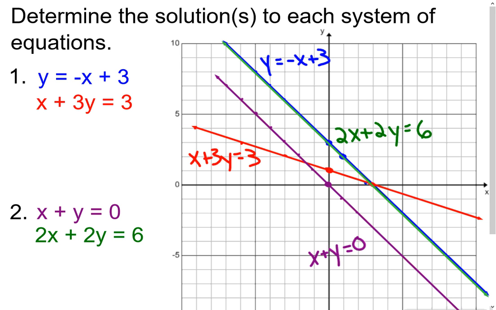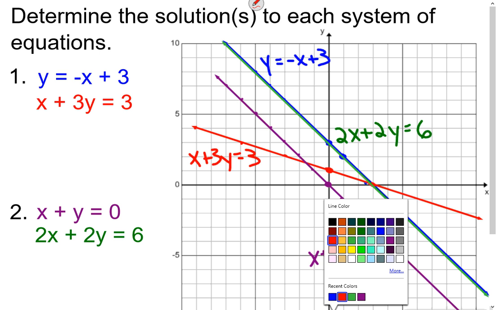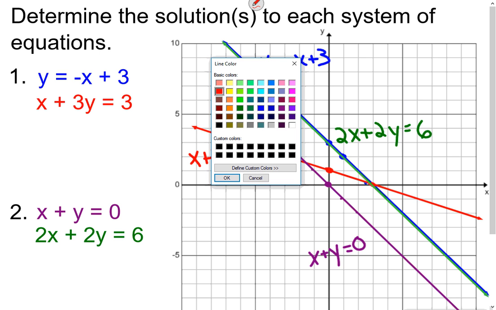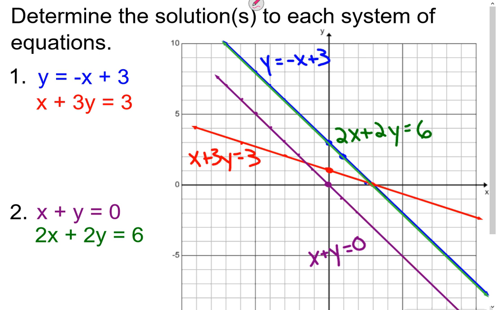Now, when we do that by graphing, we're going to look at the blue line and the red line. And remember, every single point on the red line is a solution. Every single point on the blue line is a solution. So then, when we go through this, all we have to do is look for where those lines cross. Well, they're crossing right here.